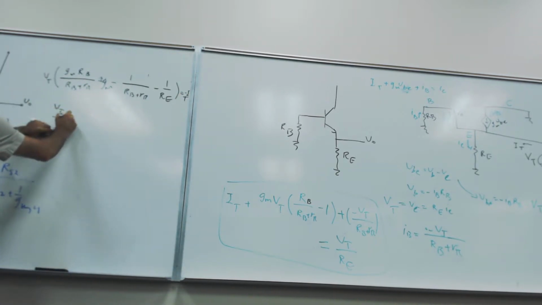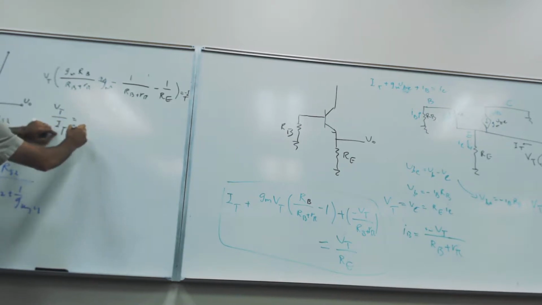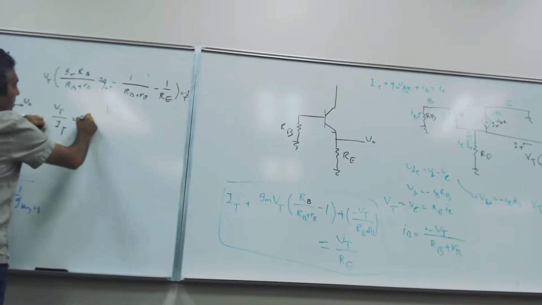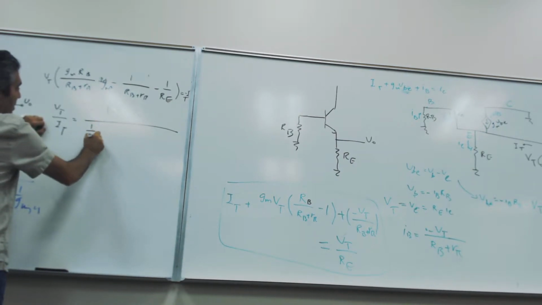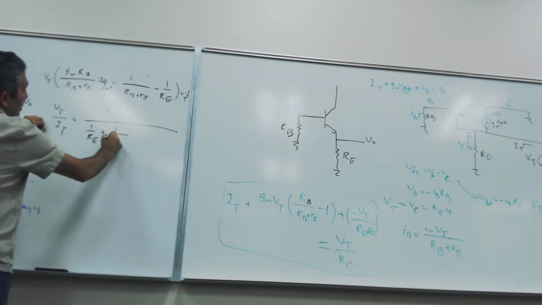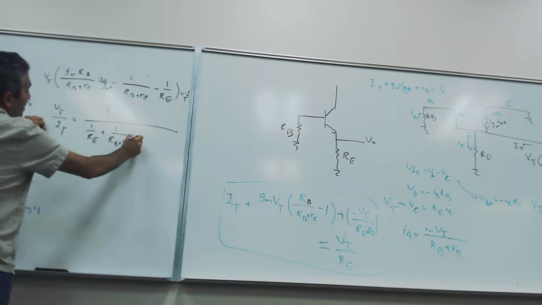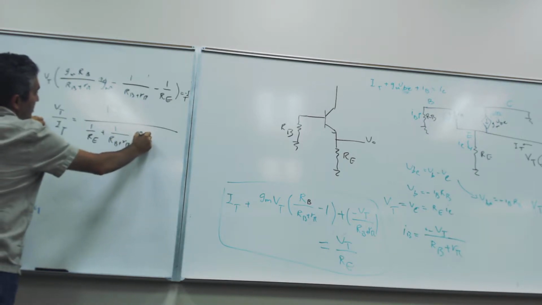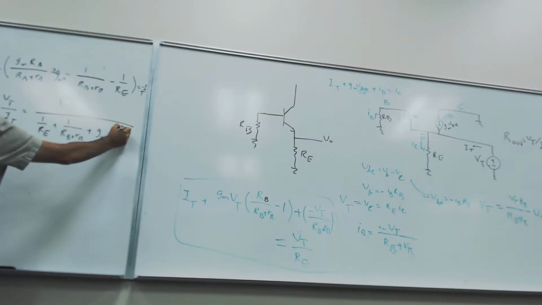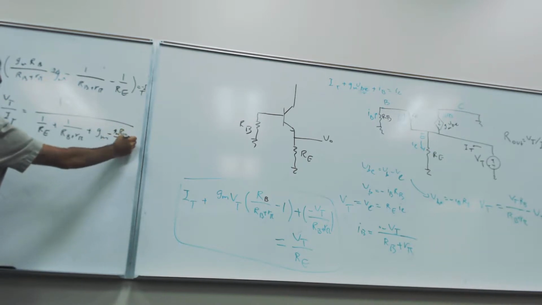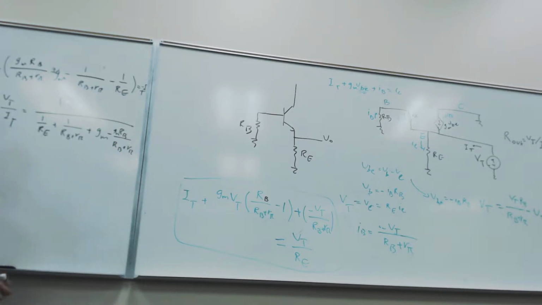So VT divided by IT is equal to 1 over RE plus 1 over RB plus R pi plus GM minus GM RB over RB plus R pi.